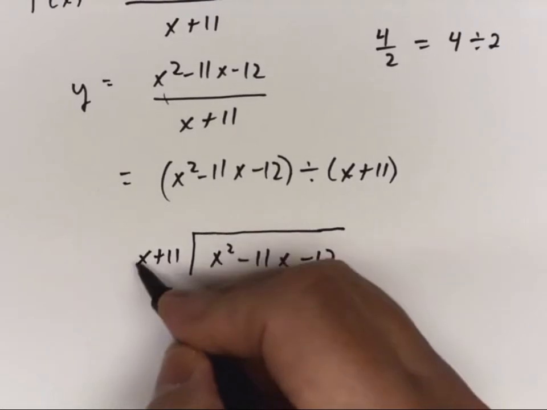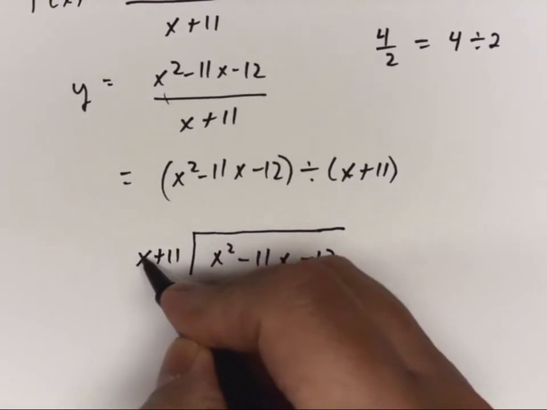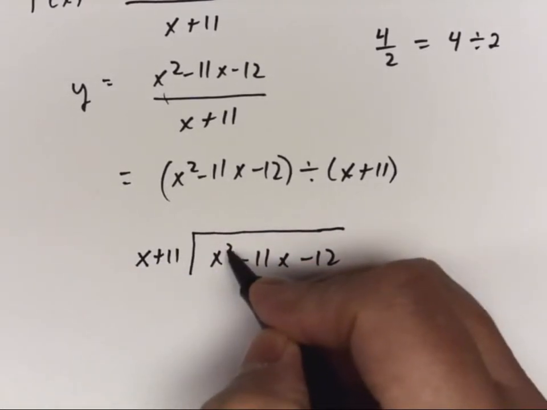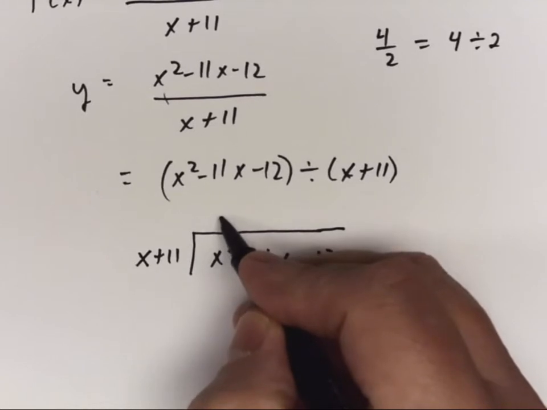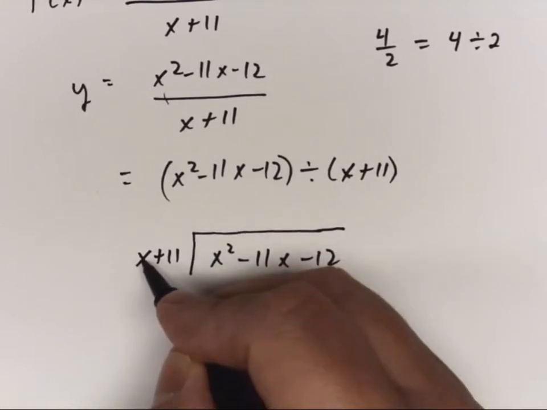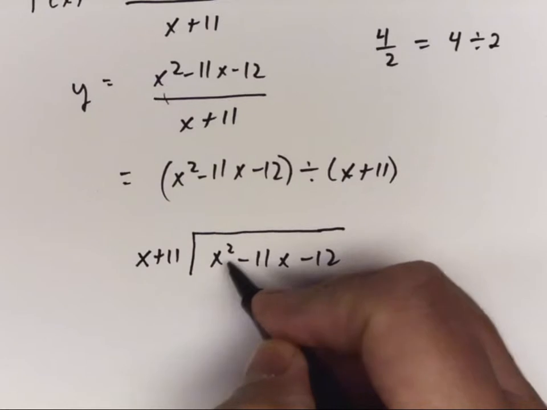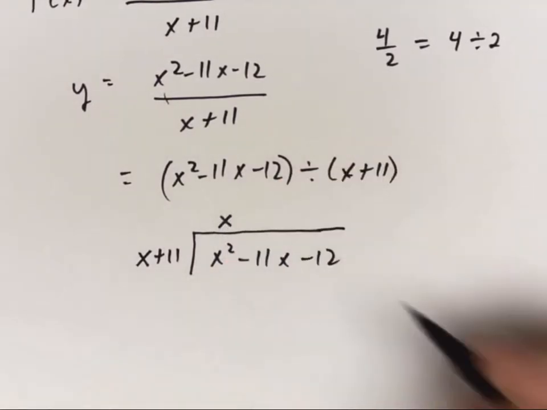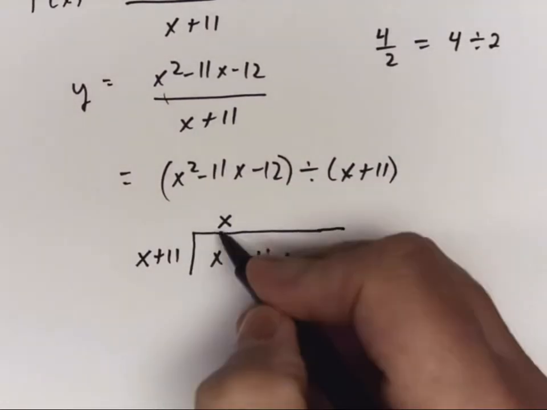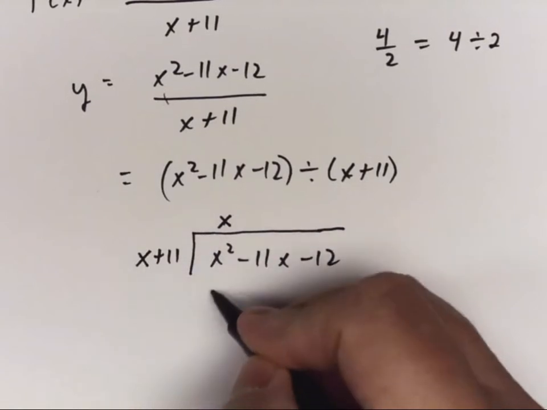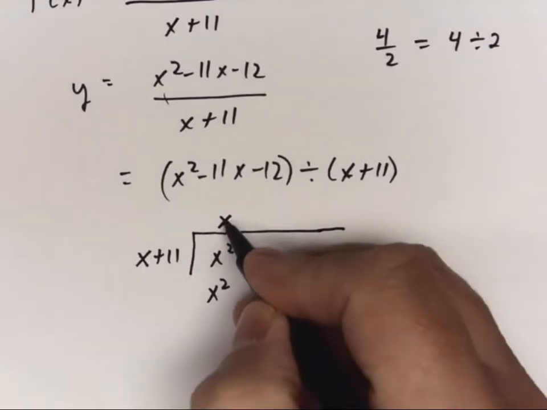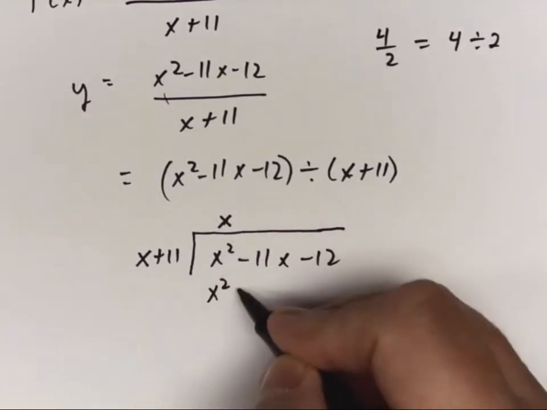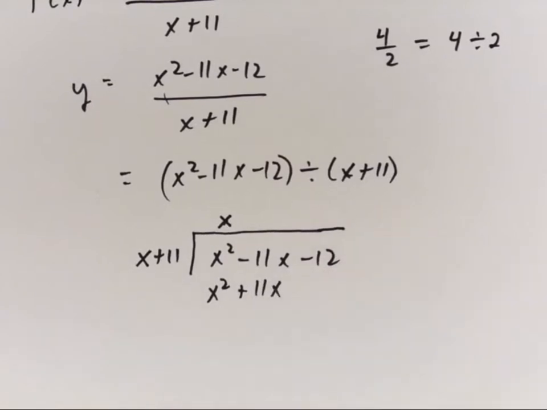What I do is I really only care about this first term here, the x. And I'm looking at x squared, and I say, what do I need to multiply by x to equal x squared? Well, obviously, x. So I multiply x times x, which is x squared, and then x times 11, 11x.